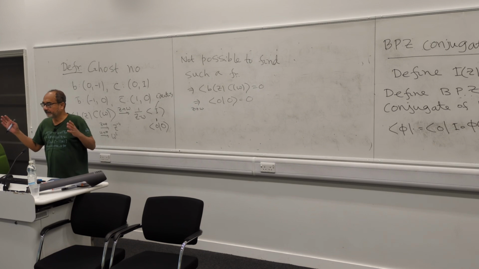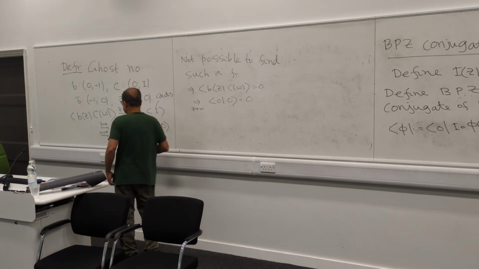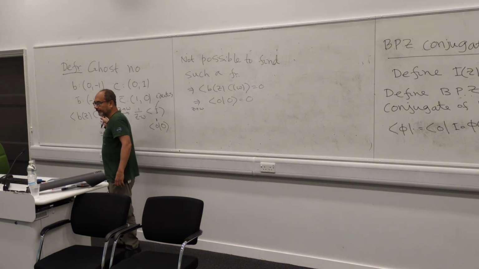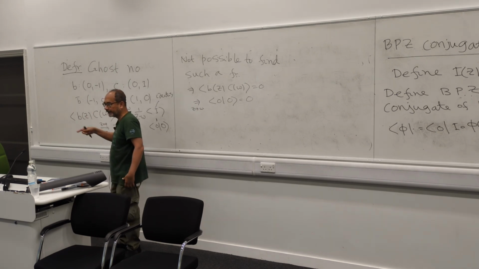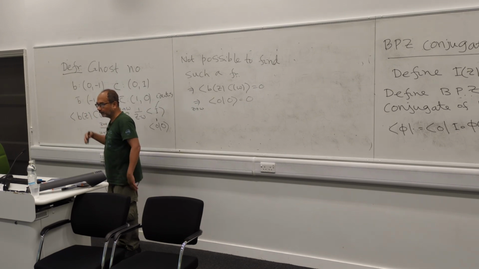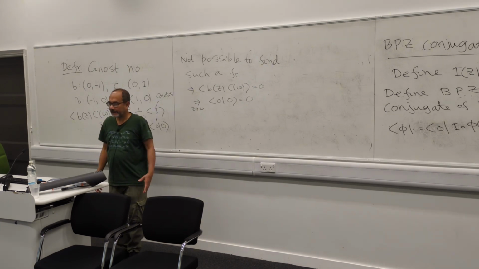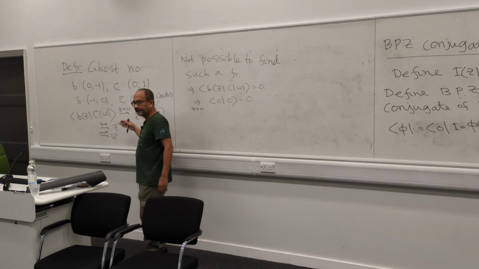Don't think of this as an OPE, just think of this as a function of Z for a fixed W. This function is supposed to have a pole at Z equal to W, and it should vanish as 1 over Z to the 4 at large Z, and those two are incompatible. We are assuming that in the Z plane there is also no other singularity because there is no other operator.